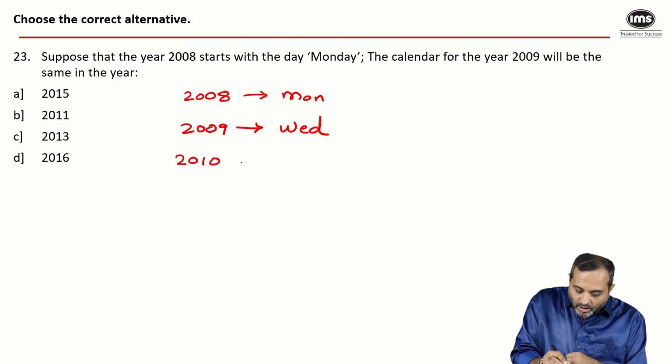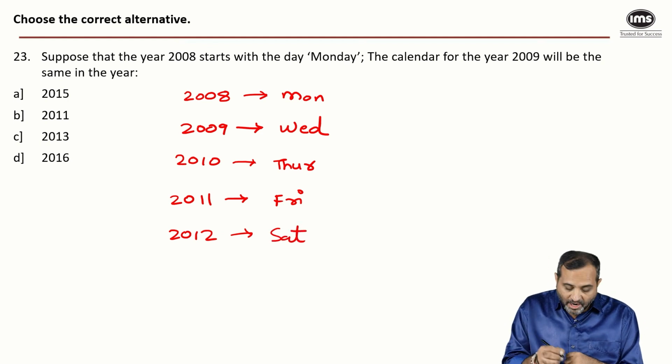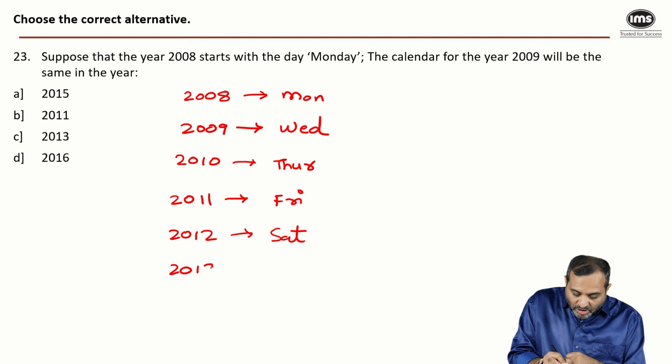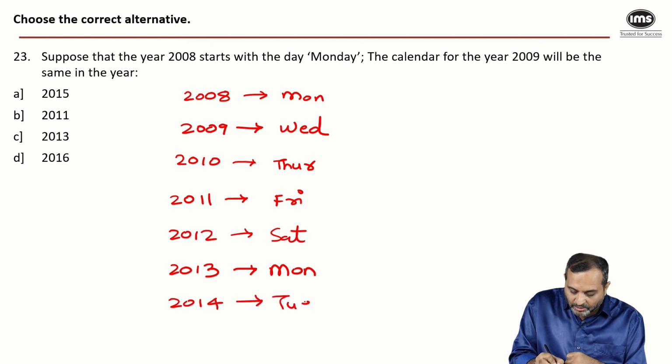2010 will start with a Thursday. 2011 will start with a Friday. 2012 will start with a Saturday. 2012 being a leap year, 2013 will start with a Monday. 2014 will start with a Tuesday.